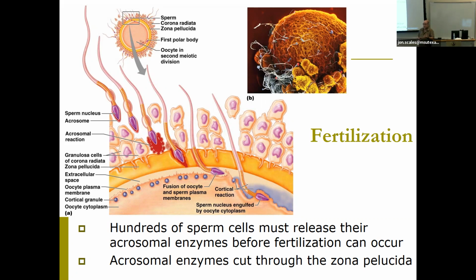One sperm won't release enough enzymes to do the whole process. So it takes multiple sperm, probably somewhere around 1,000 sperm, to have enough enzyme released to let at least a few sperm make it all the way through the layer of cells, and then one sperm, the first one through, would be able to react with the membrane on the egg.